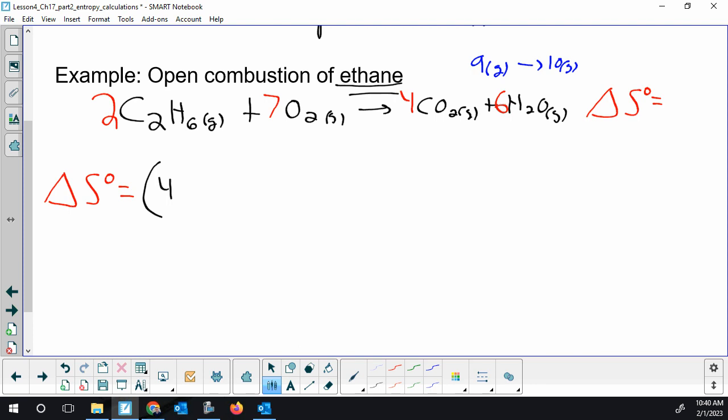So we start with products. We have 4 CO2 times, you go to a data sheet, you look up carbon dioxide, and make sure you don't go to the wrong data table. You now might have entropy, enthalpy, and Gibbs in data sheets. So just make sure you go to the right page, the right data sheet. So 213.6 joules per Kelvin. Okay.